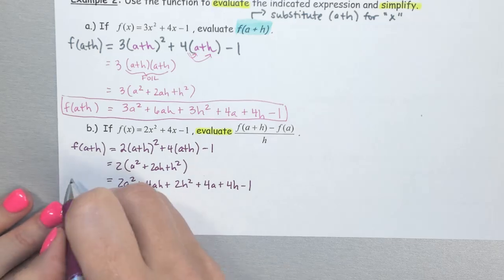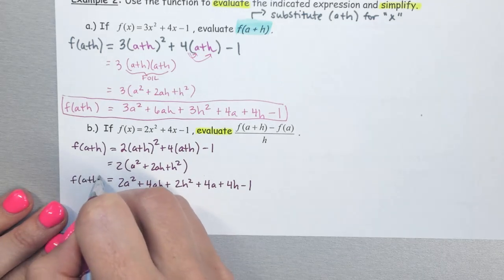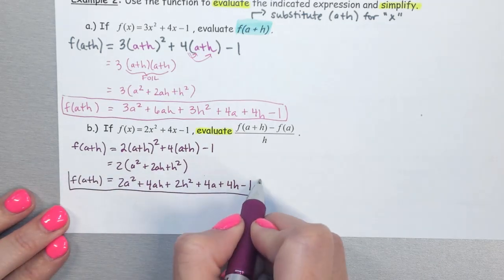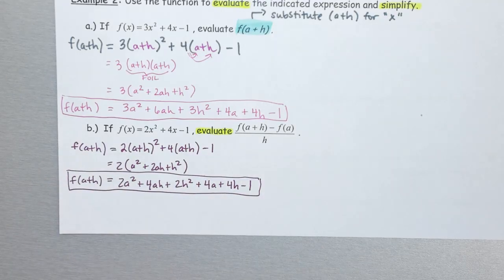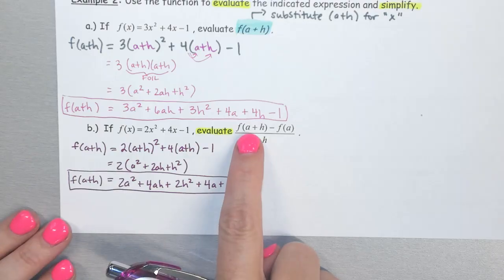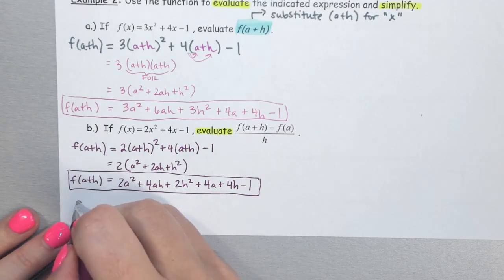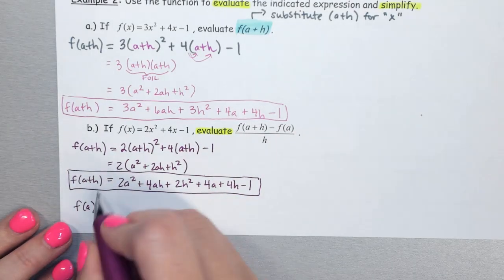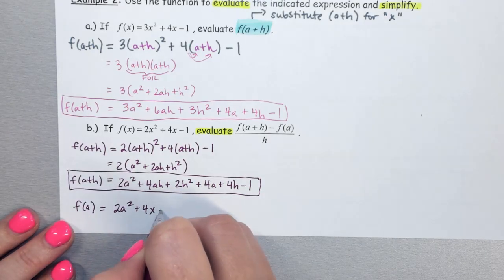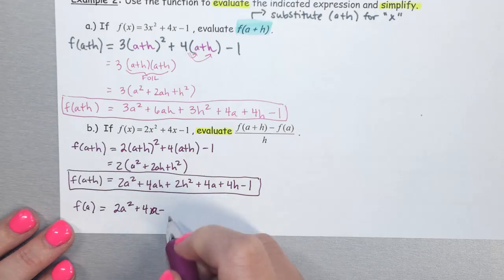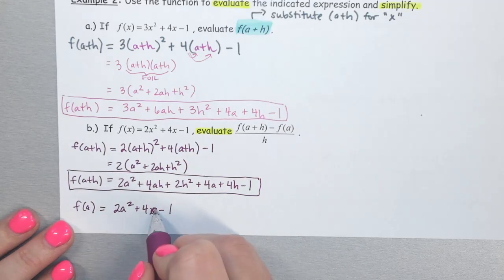All right, and let's check to make sure we all got the same f of a plus h. Okay, and then it's f of a plus h minus f of a. So f of a is just going to be this exact same trinomial, but instead of x, we want to put the a in there.